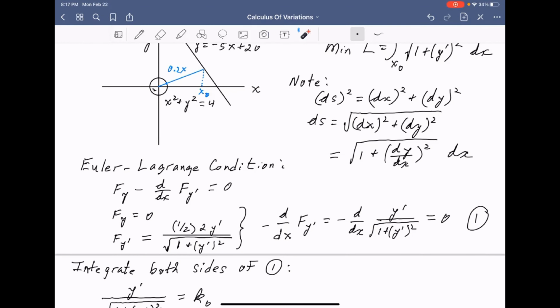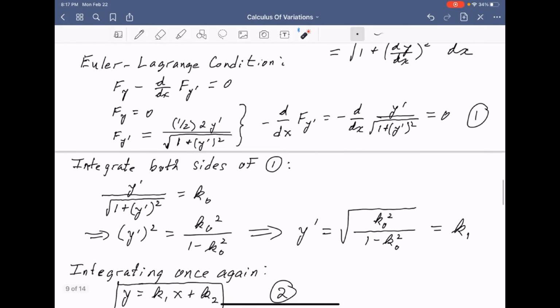So if we solve these together, we get minus d dx of y prime over the square root of 1 plus y prime squared, which is set equal to 0.